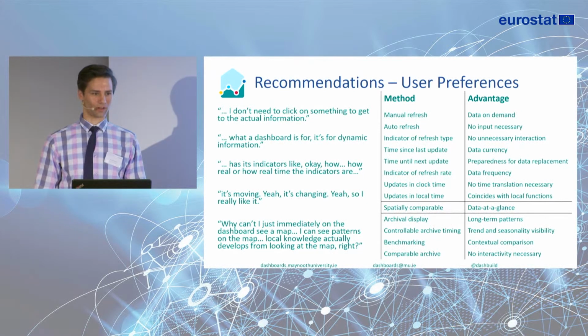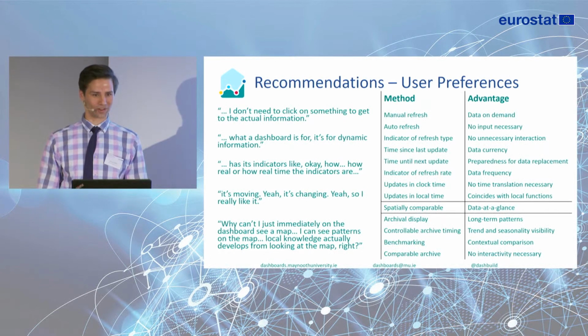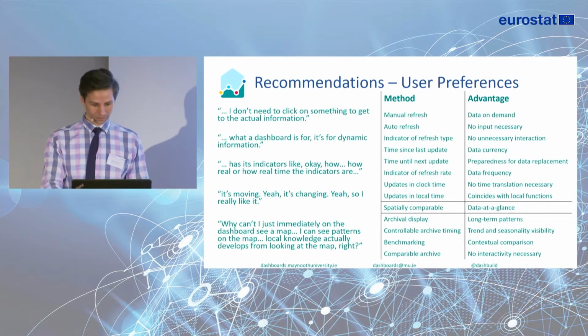Users want less interaction in order to get information. They want an automatically refreshing page. They want to see data happening more often. It is a trustworthiness statistic when data is coming more frequently. If you have to wait for a very long time, it feels like suddenly we're not in real time anymore.